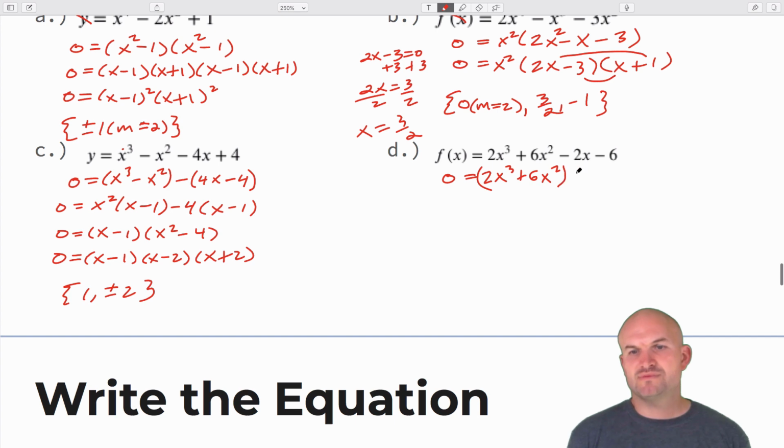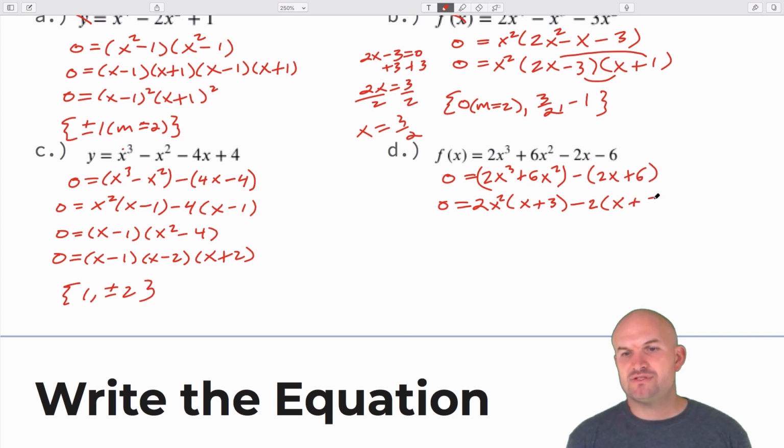Group those 2 terms. Group this term, but change the sign. All right, here I can factor out a 2x squared, sorry. By factoring out a 2x squared, that's going to leave me with an x plus 3. And then here to get an x plus 3, I'll just factor out a 2. So that would give me an x plus 3.